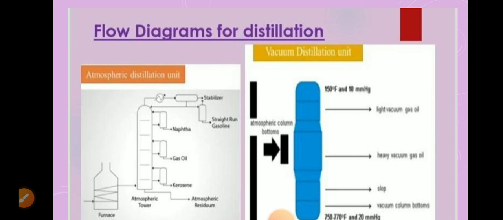It means naphtha is a low boiling liquid and appears at the top because it is more vaporizable, and kerosene is heavier and appears at the bottom. It is less vaporized and has a high boiling point. The same is the case for the vacuum distillation unit, but the significant feature here is that the pressure is reduced, ranging from 15 to 40 mmHg.